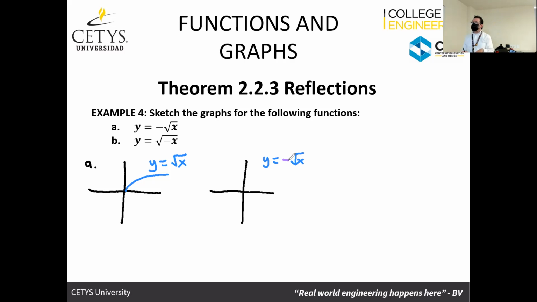Since it's multiplying the whole function, it's like I'm putting a mirror on the x-axis and I am flipping the function. The original function was over here on top. The new function is going to be over here on the bottom. It's like I flipped it. Or going back to Daniel's comment about the pond, it's like having a reflection of the function along a mirror.